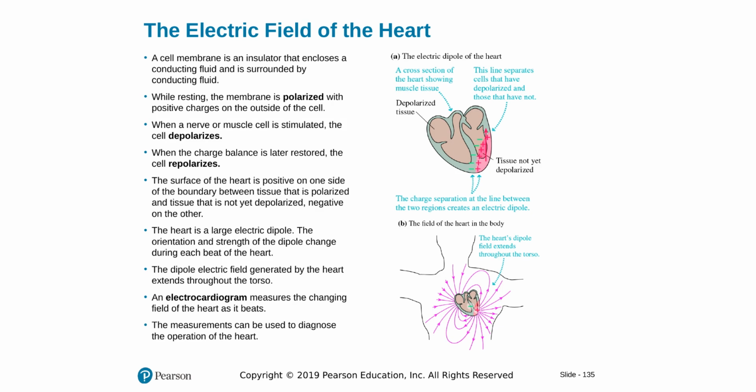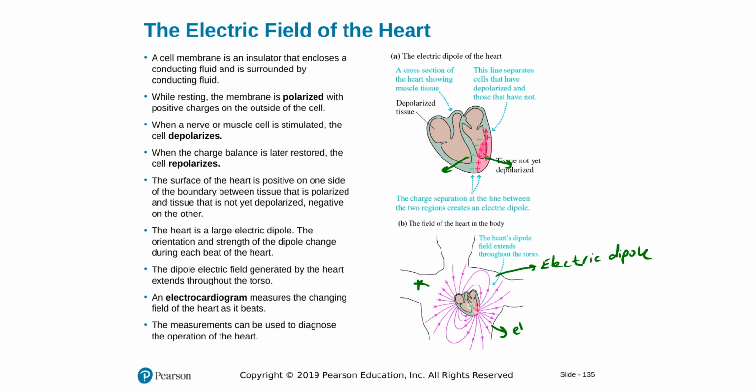This here nicely discusses how our hearts work in a way that we have depolarization as signal comes from the muscles, and it builds an electric dipole. It has an electric field that goes into the torso.